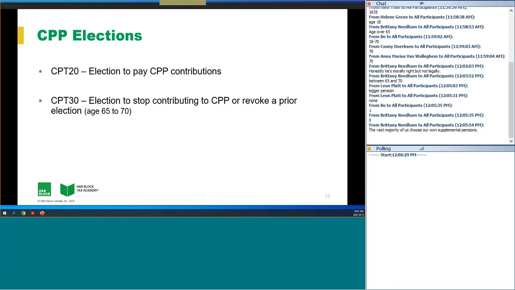Okay, it says a 5-minute time limit. I'm not going to give you 5 minutes. I'm just going to give you a little bit longer so we can give everyone a chance to think about that. I like these questions because it makes you think about how CPP collections work, how contributions work, what is optional and what is not optional. Okay, I've got 2/3 of the class done, and I've got a few more giving it a try.